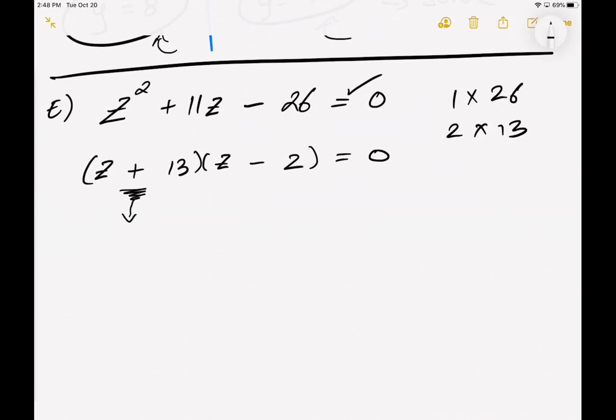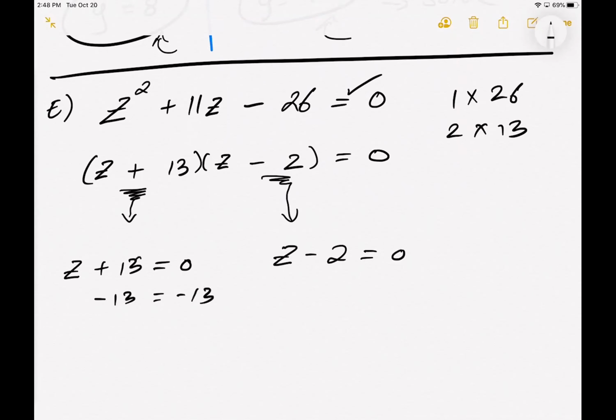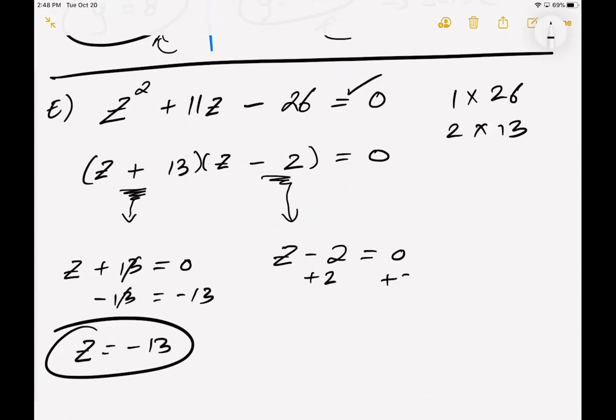The answer: we take the z plus 13 and set it equal to 0. We take the z minus 2 and set it equal to 0. In this case, we know that z is equal to negative 13 and z is equal to 2.